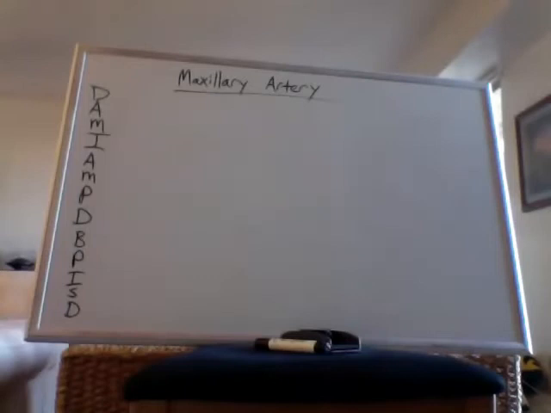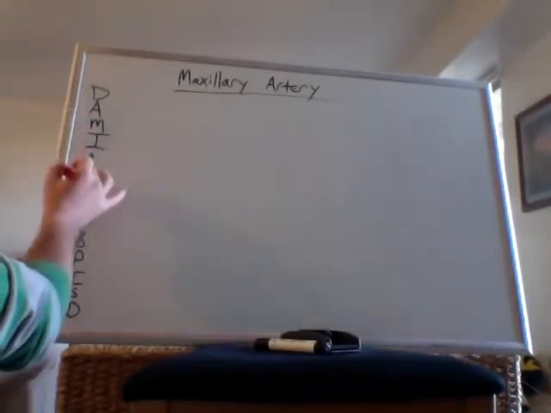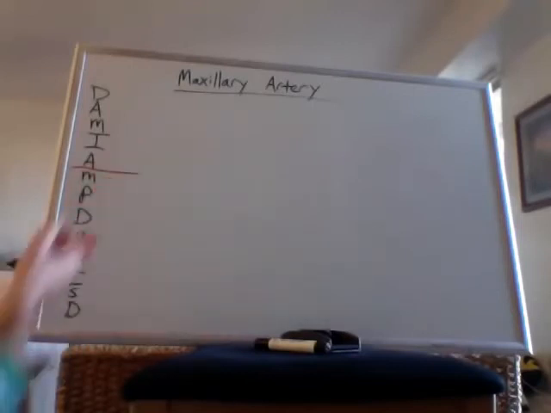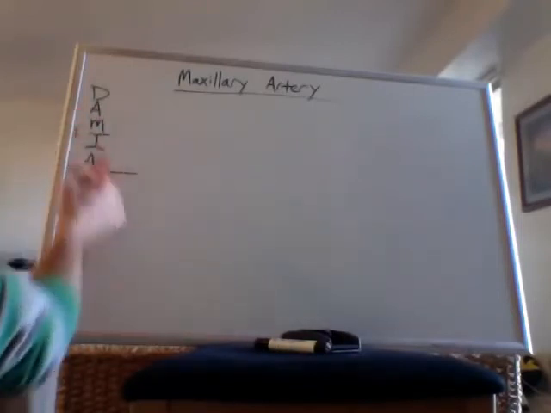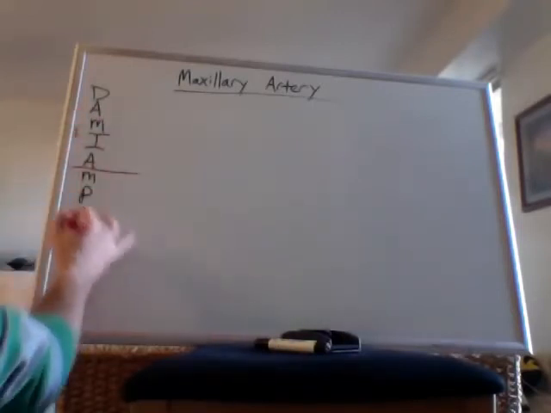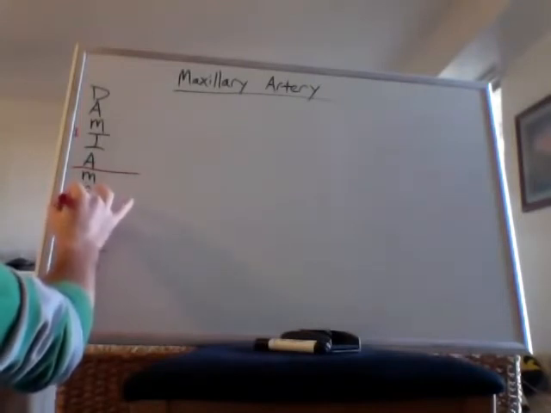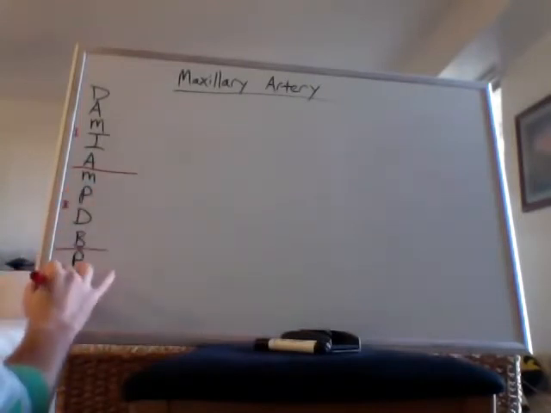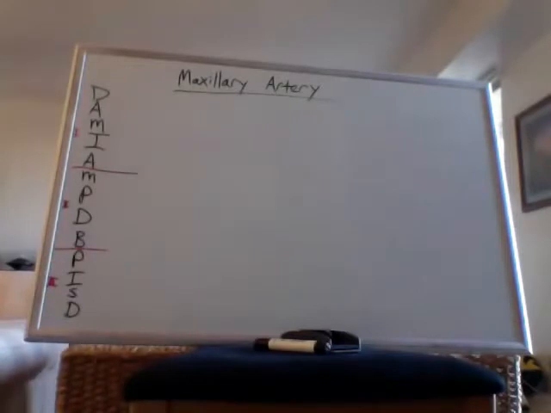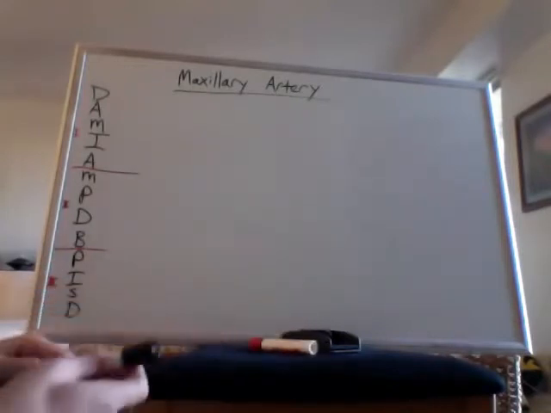So the first 5 branches, so 1, 2, 3, 4, 5, those are off in their own little zone in segment number 1. Then the next 4 are zone number 2. And then the next 4 are zone 3. That's the easiest way to remember that. So let's get into doing the mnemonics.